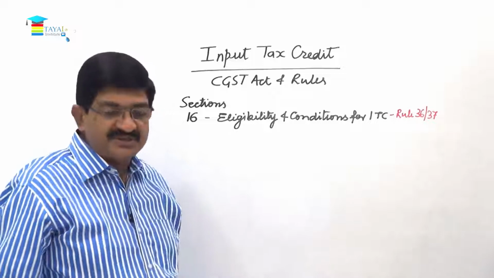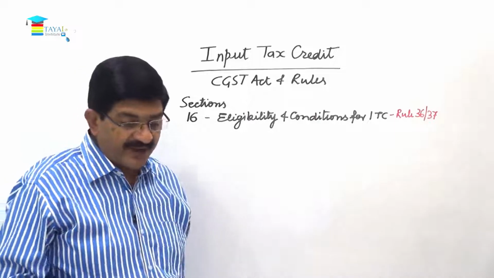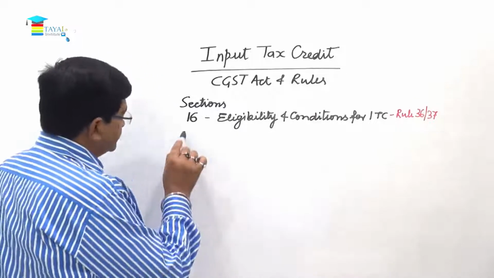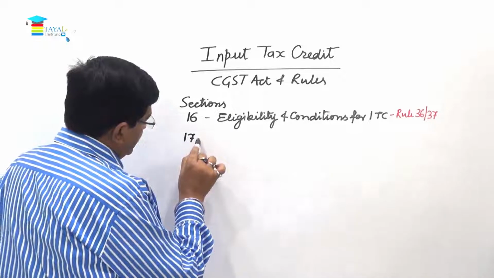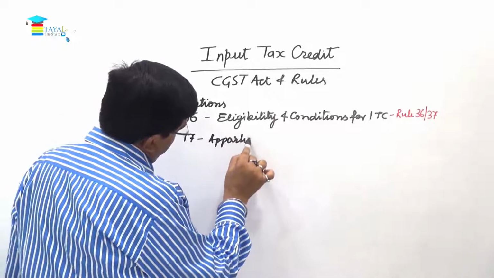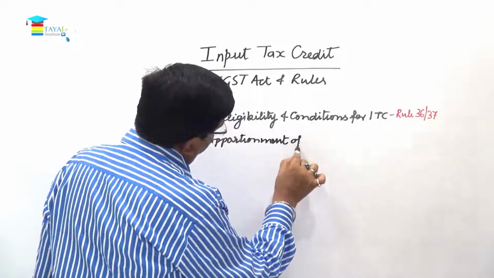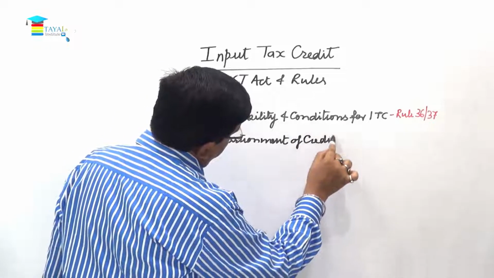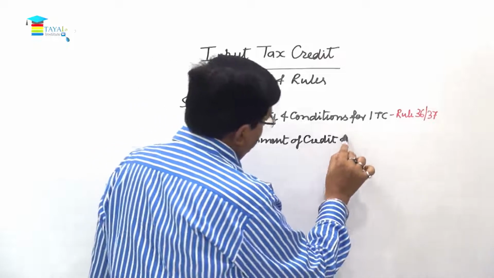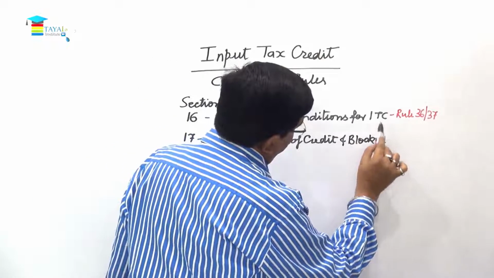Then comes section 17, that talks about apportionment of credit and blocked credit. This is apportionment of credit and blocked credit.